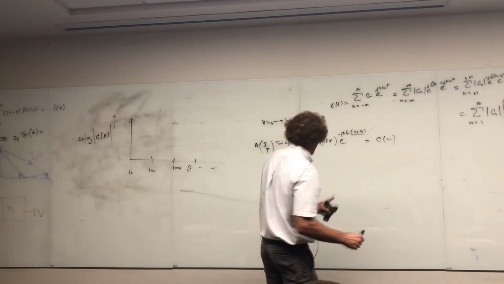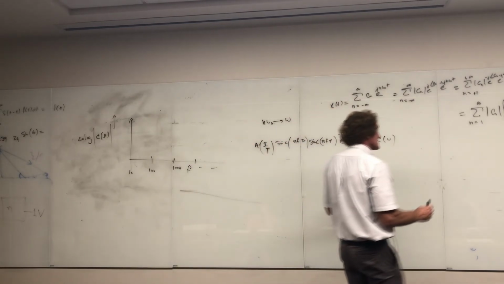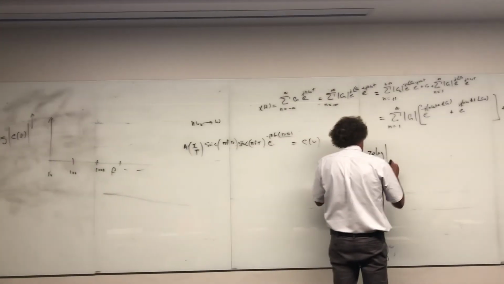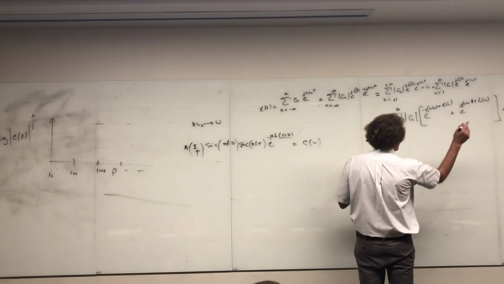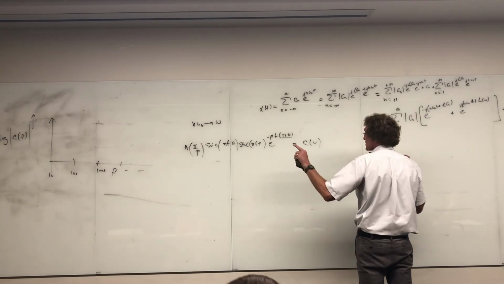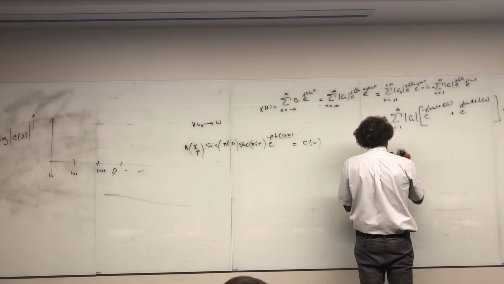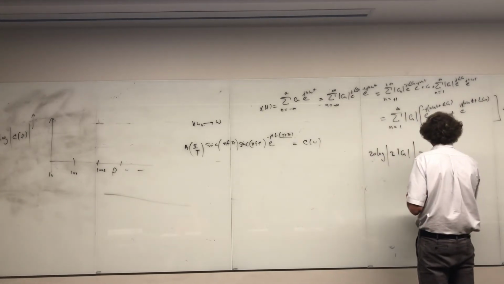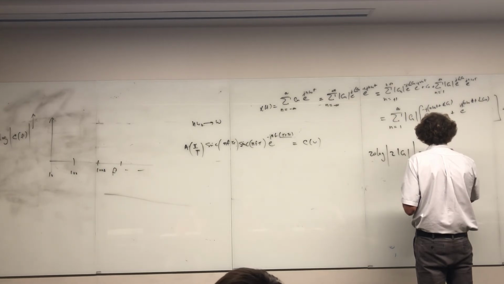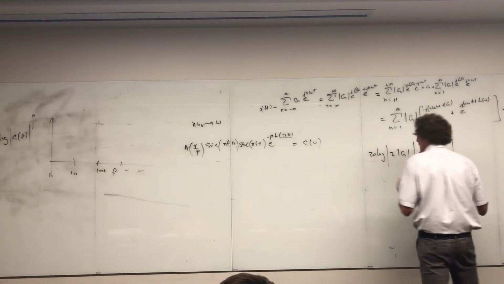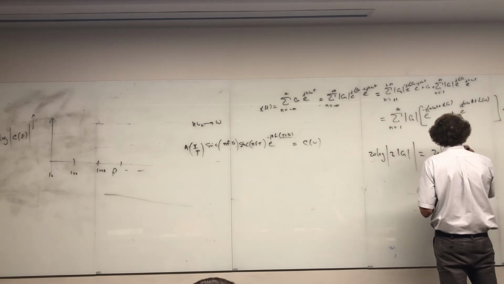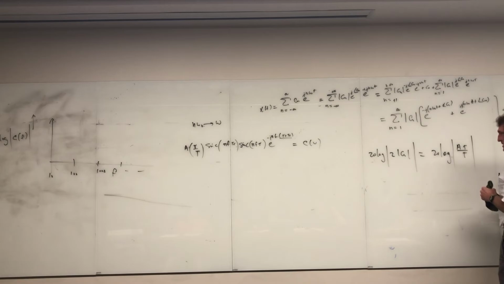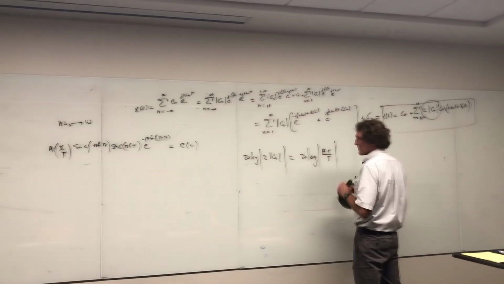So now try to understand I'm plotting on that axis 20 times the log of the magnitude of that. Well, it's 2 times the magnitude of that times magnitude of C of n. That becomes this. It's going to be 20, just write this down, times the log of the magnitude of A tau over T. All right, that's the coefficient out in front. You can forget the phase.